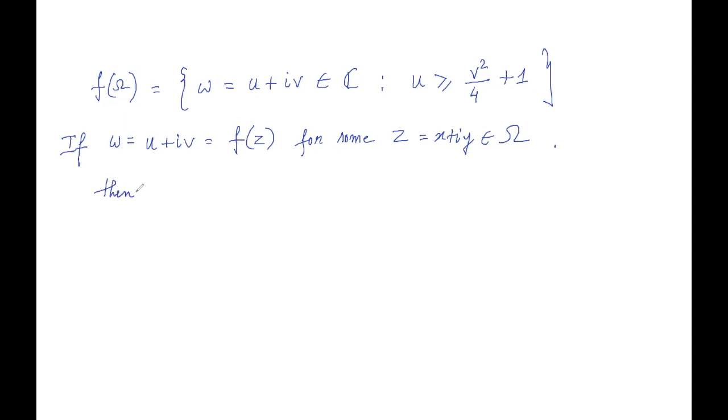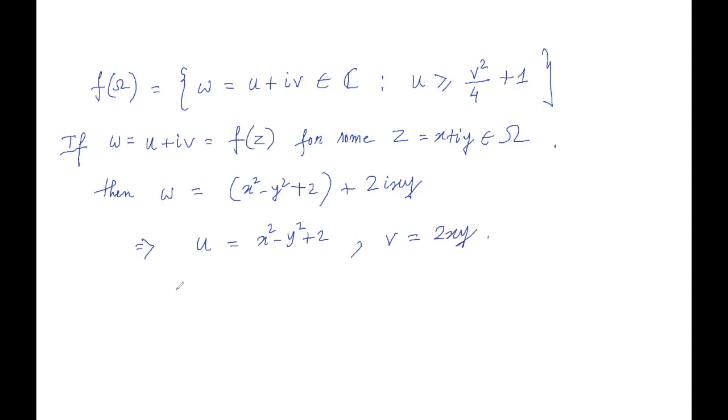Then w is equal to x square minus y square plus 2 plus 2ixy. So we have that u is equal to x square minus y square plus 2, that is the real part, and the imaginary part v is equal to 2xy.